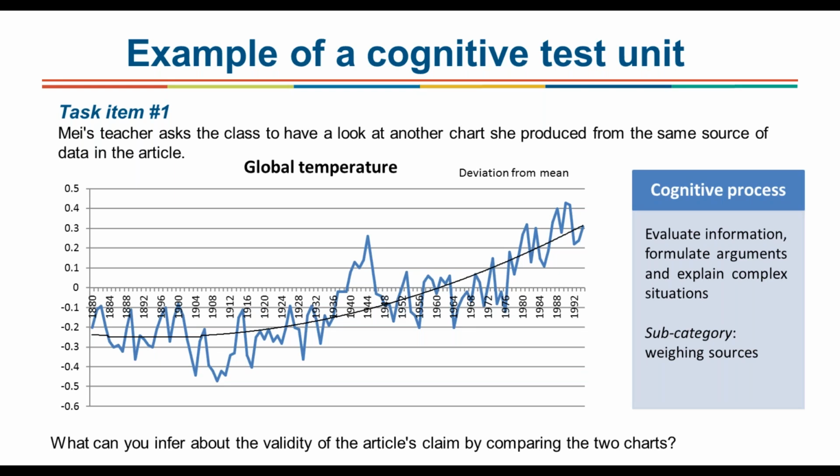By comparing the two graphs, the one from the scenario and the one in this task, students should be able to infer that the researcher had actually cherry-picked the data from the last 10 years in order to send a particular message about climate change.